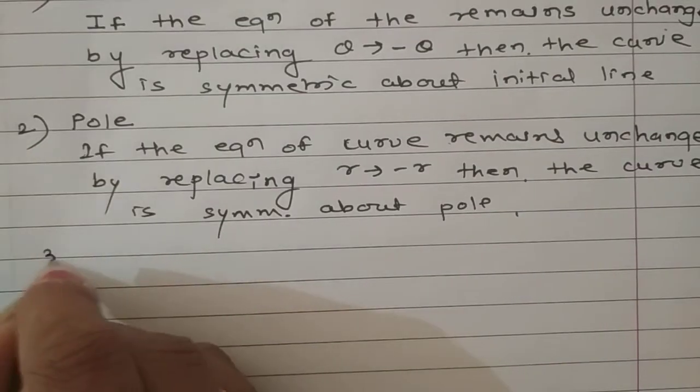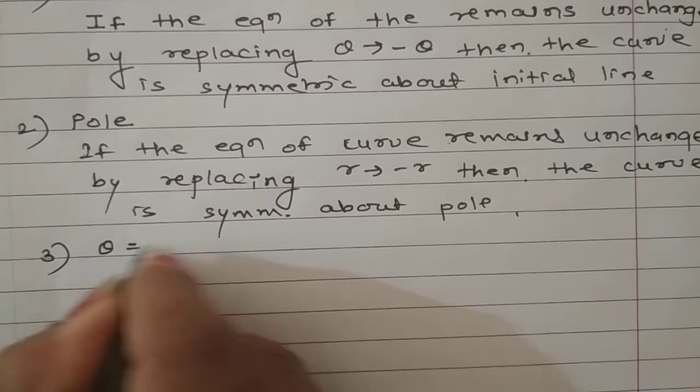And the third point is symmetry about the line theta equal to pi by 2.